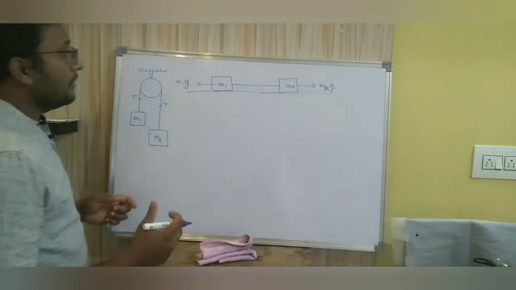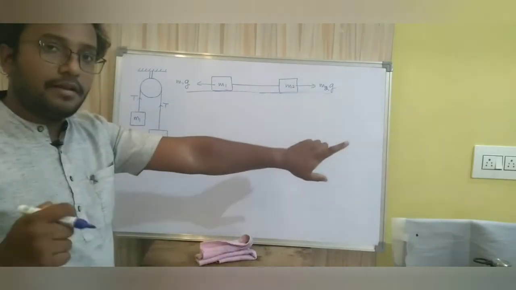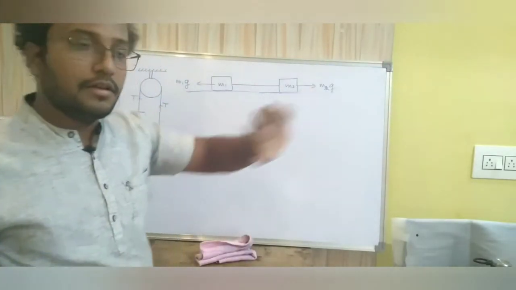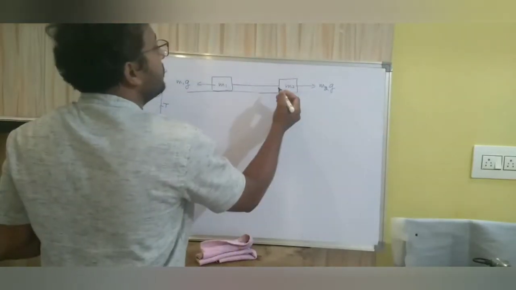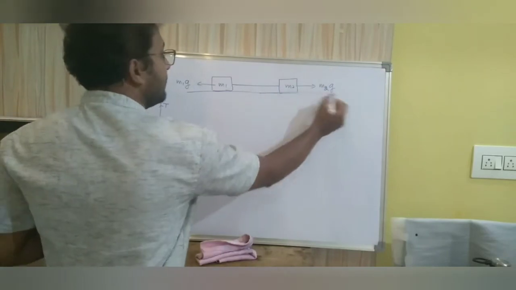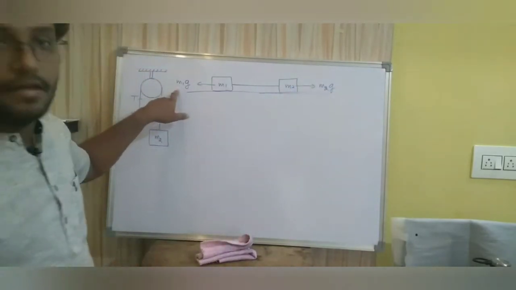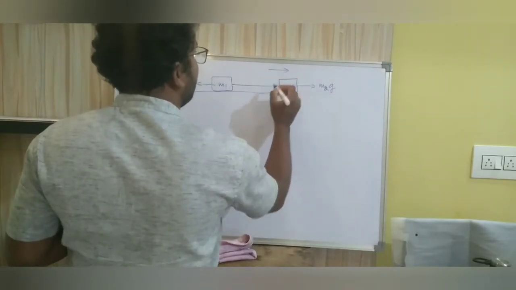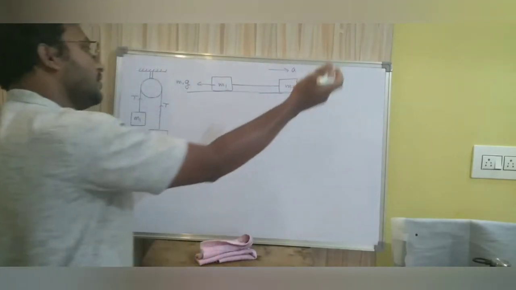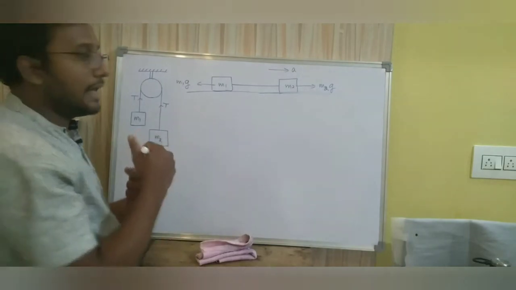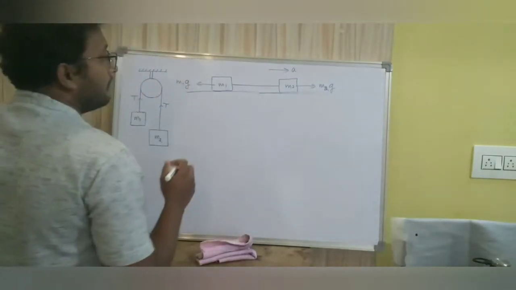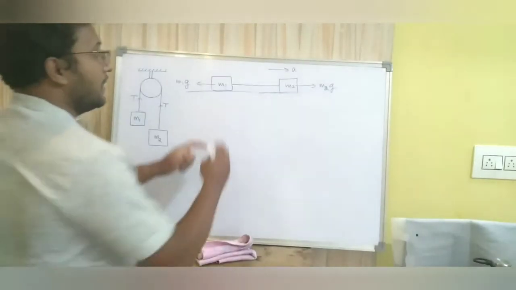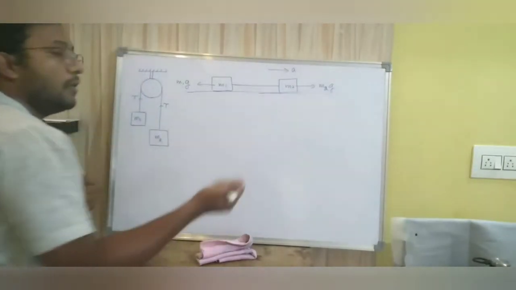Depending upon which force is greater in magnitude, the entire system is going to accelerate with acceleration a. Assume that m2g is greater than m1 into g, therefore the entire system is going to accelerate in this direction with acceleration a. Now when the system is accelerating, the distance between these two blocks is not going to change.